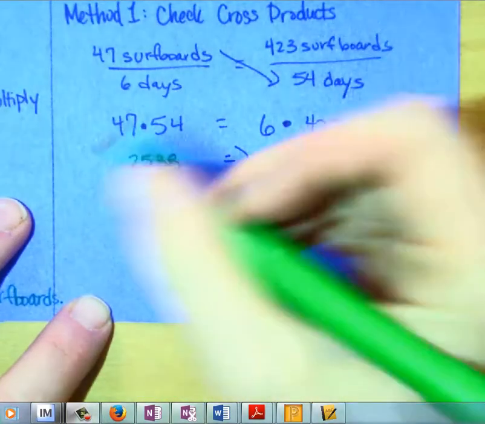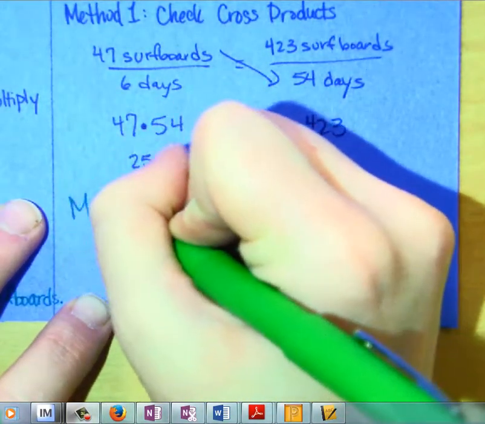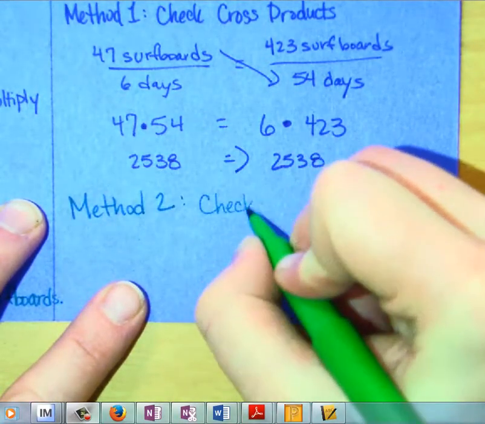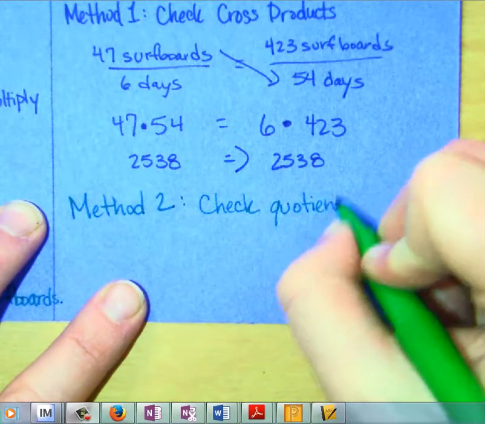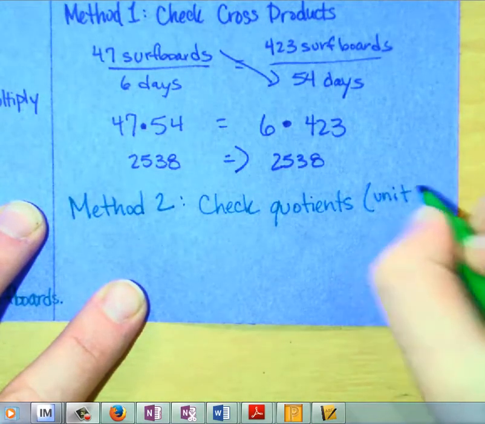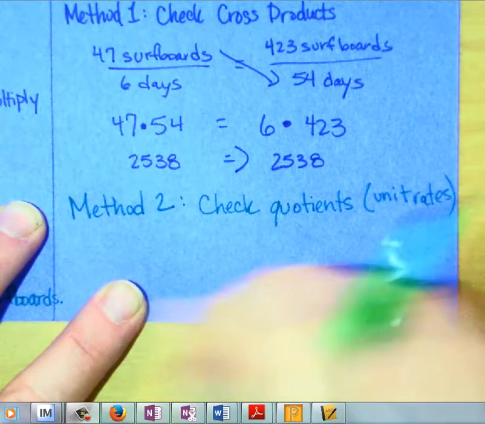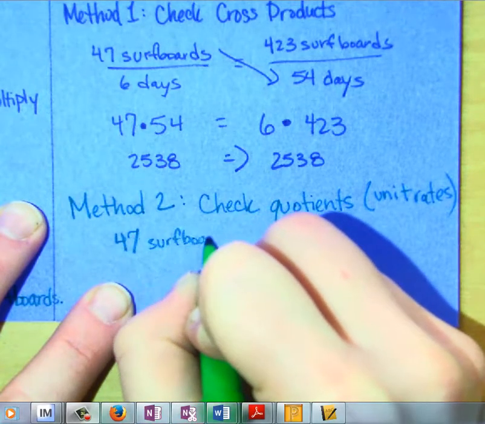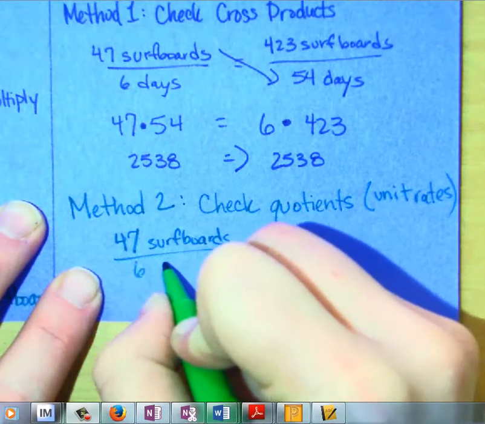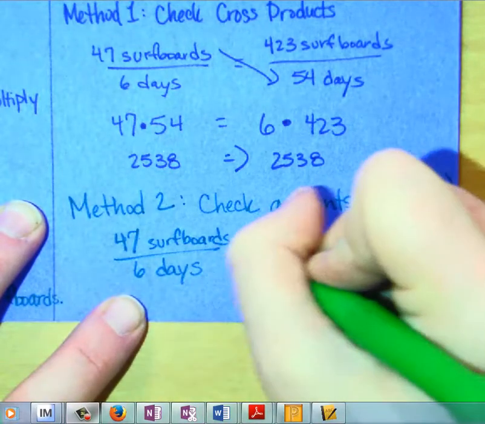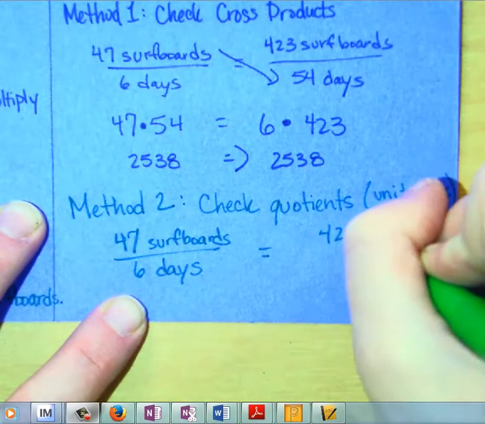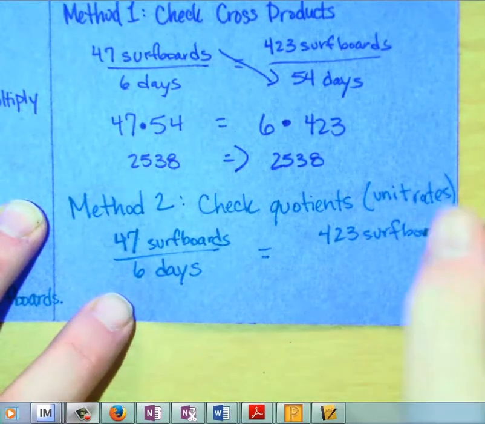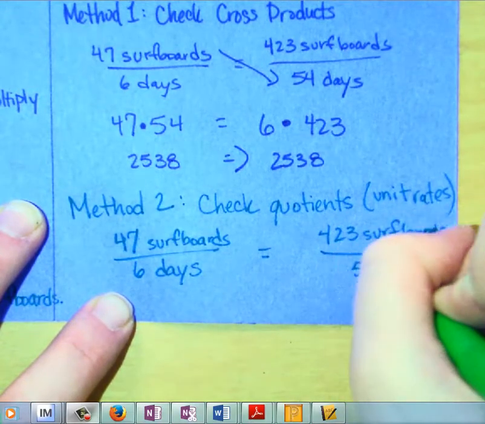Our second method is to check our quotients. Or you could call this checking your unit rates and making sure the unit rates are the same. All right, so 47 surfboards divided by 6 days is equal to 423 surfboards divided by 54 days.